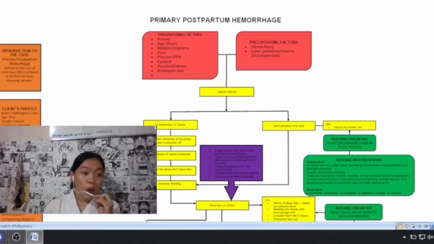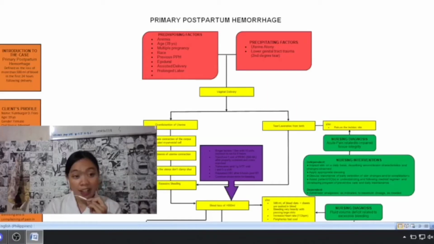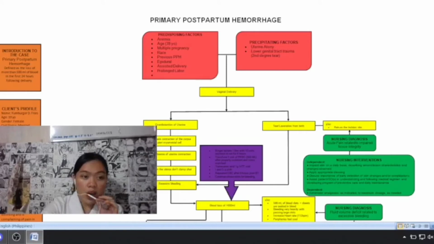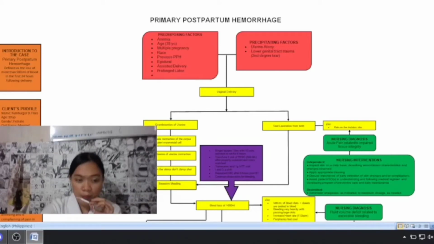So now I'm going to discuss the pathophysiology. First, the patient had undergone a vaginal delivery of twins. Since it is twins, it overstretched the uterus, so it then led to uterine overdistension and tear and laceration from birth. Because of the tear and laceration, the patient complained of pain in the incision site.